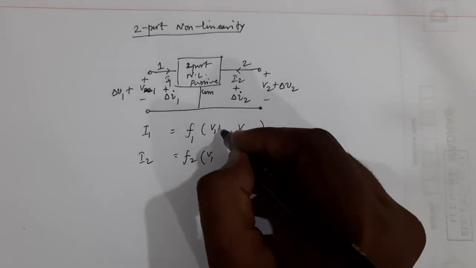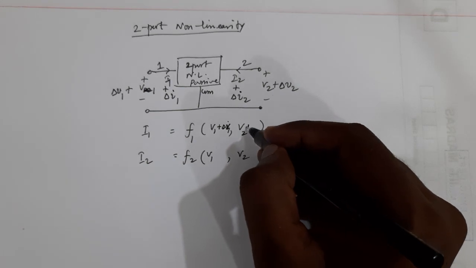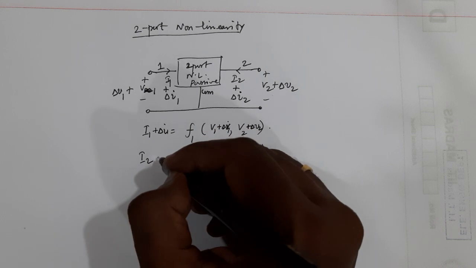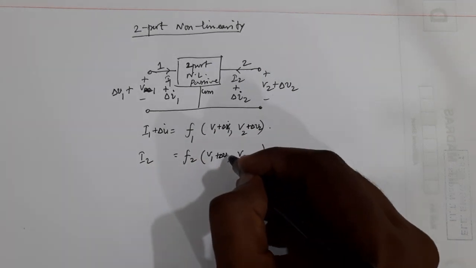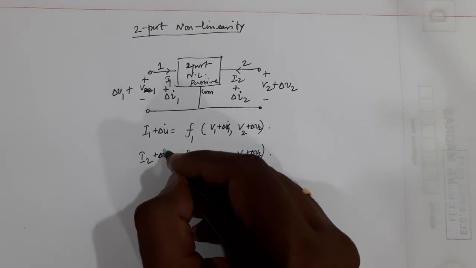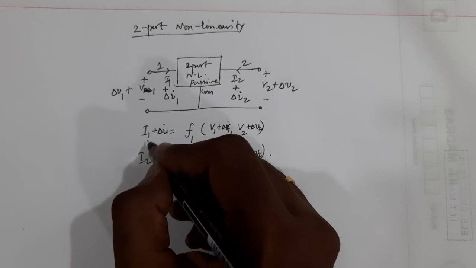So if I increase V1 by delta V1 and V2 by delta V2, then I1 will be increased by delta I1, and I2 will be increased by delta I2, right? And this will be my total current.